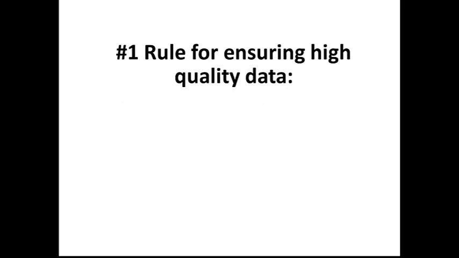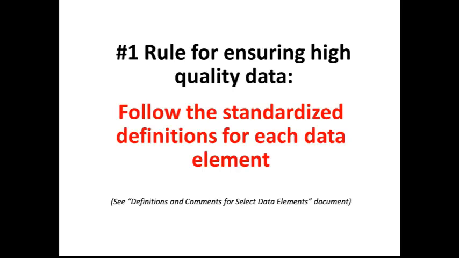The main way that we can ensure that we're comparing apples to apples, the number one rule for ensuring high-quality data that goes into the registries, is to make sure that we're all following the standardized definitions for each of the data elements.